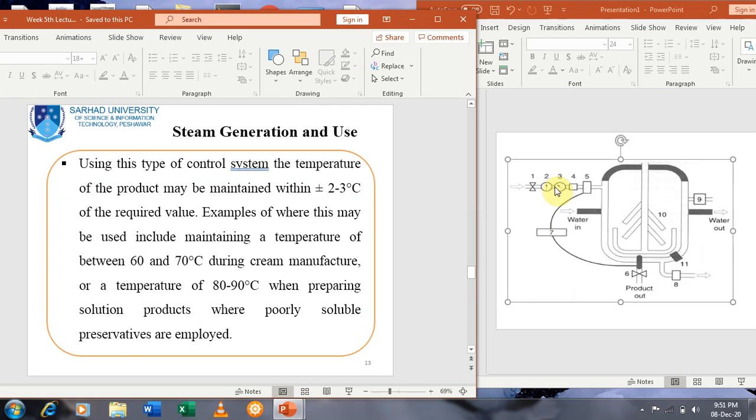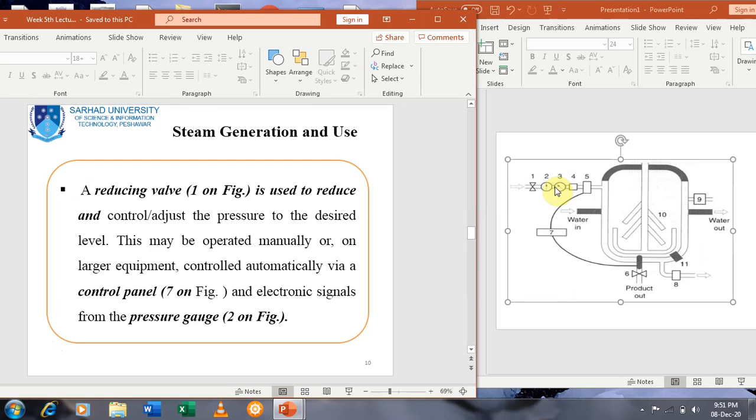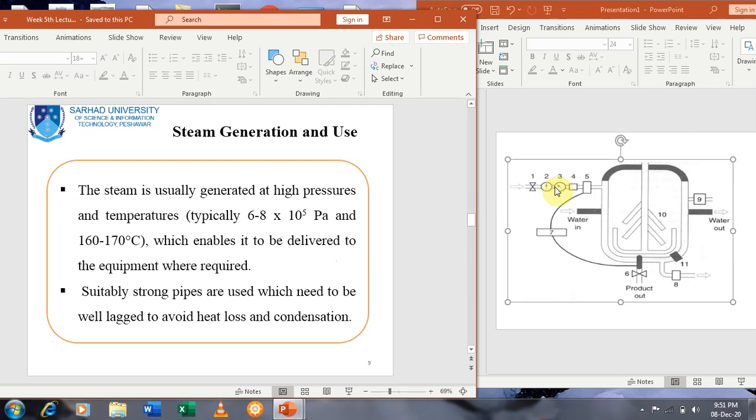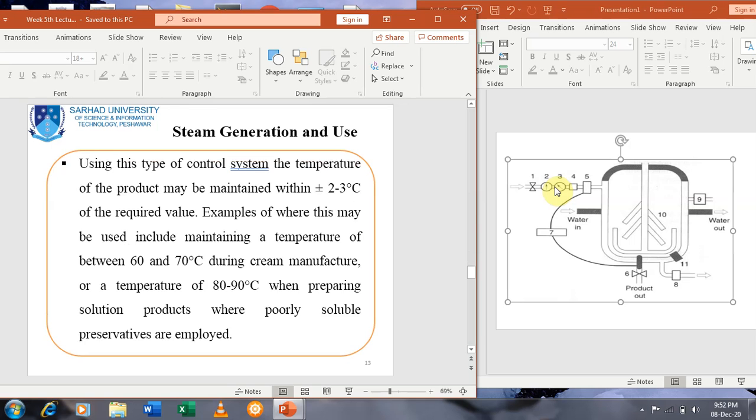Steam is mostly prepared at high pressure, that is 6 to 8 multiplied by 10 to the power 5 Pascal, and high temperature, that is from 160 degrees centigrade to 170 degrees centigrade.